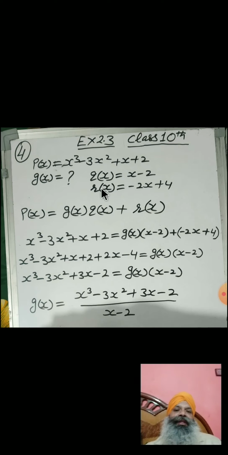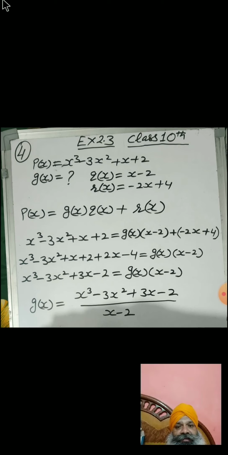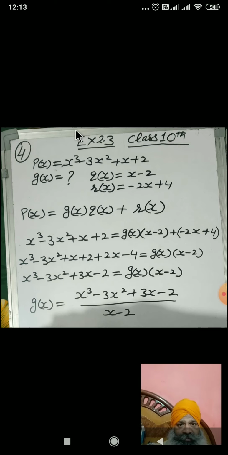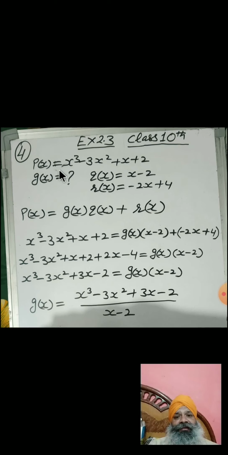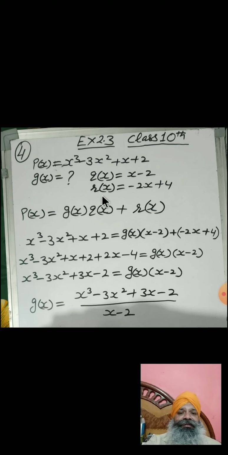As you all know, in the traditional method of division, when we divide a number by another number, there is a division algorithm: dividend equals divisor times quotient plus remainder.